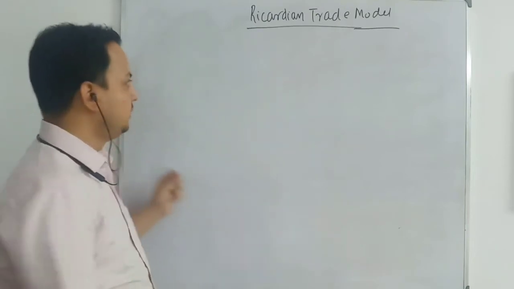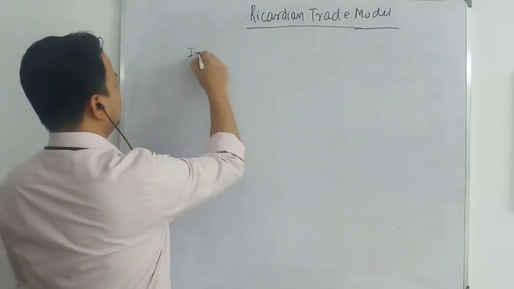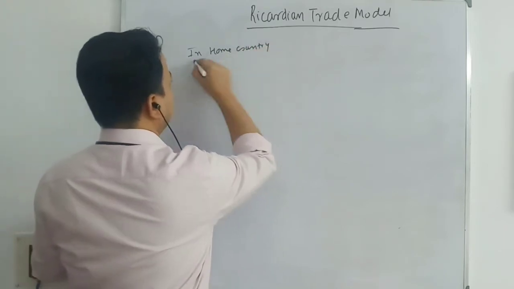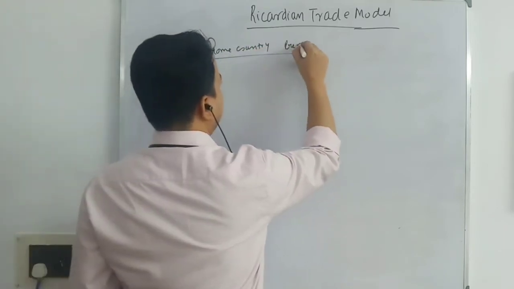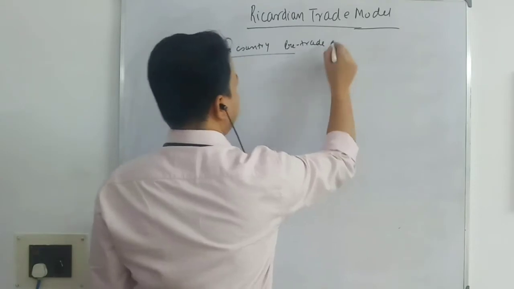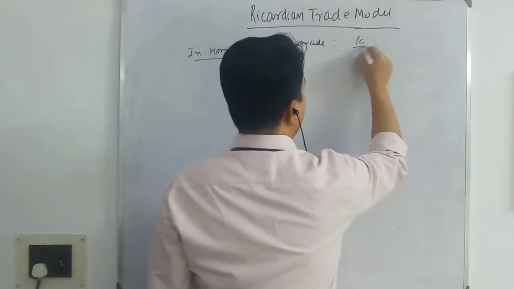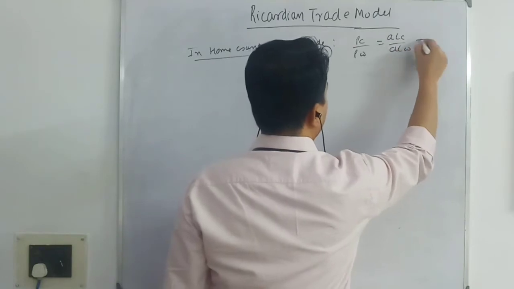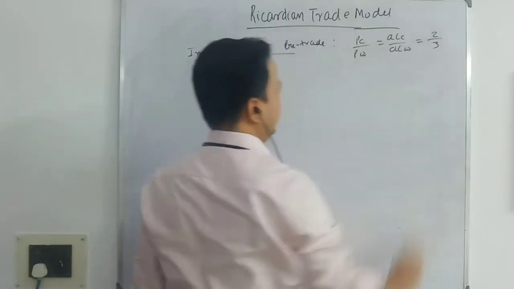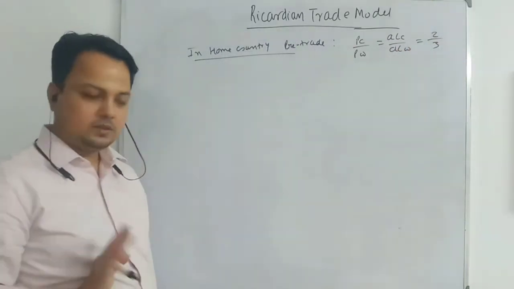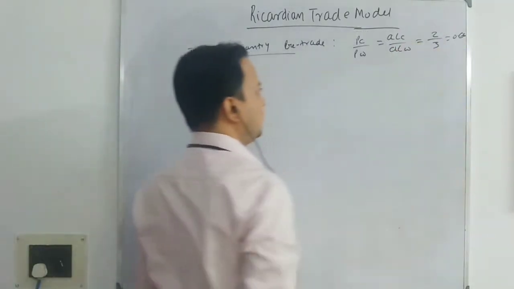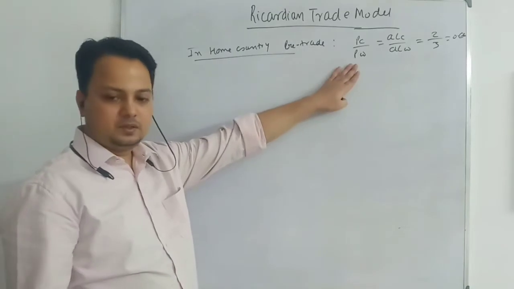If you remember, in the home country, pre-trade, what we see is that PC by PW equal to ANC by ANW is equal to 2 by 3, or 0.66. Everyone got it?